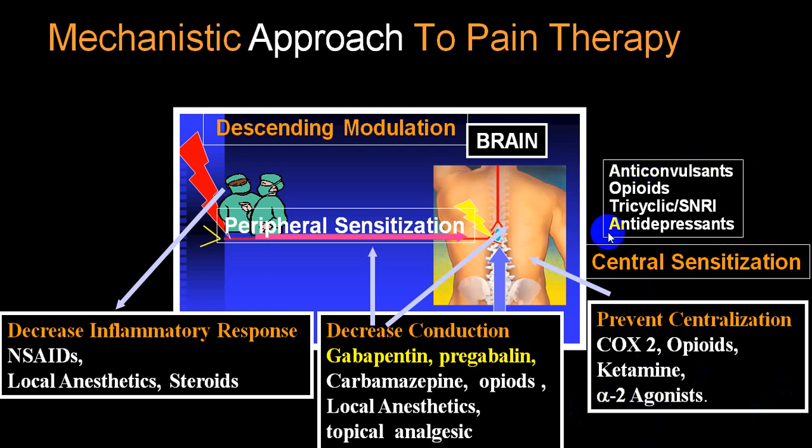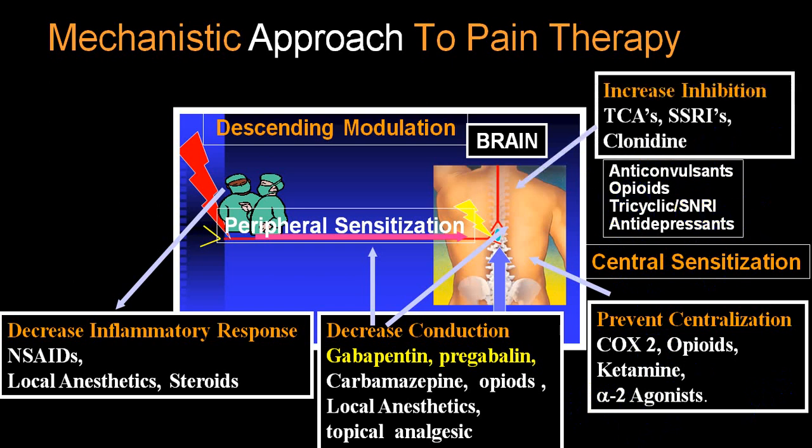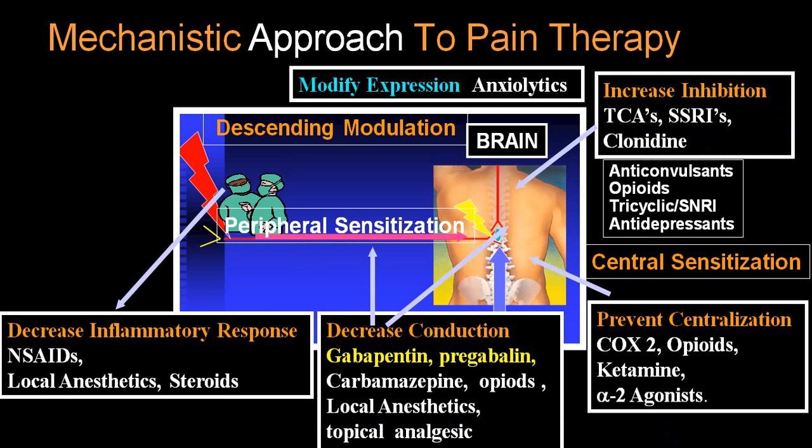Central sensitization can also be affected by antidepressants, tricyclic antidepressants, and opioids. Also, you can increase inhibition by using tricyclic antidepressant drugs. Also, you can utilize clonidine, which has effect at the central level. And to modify the expression, anxiolytic drugs.